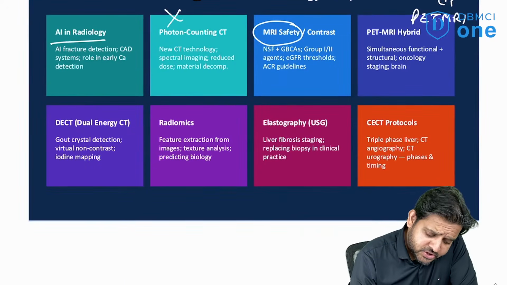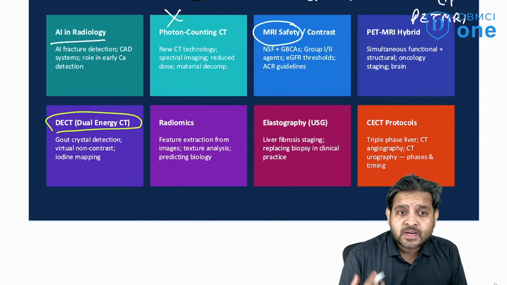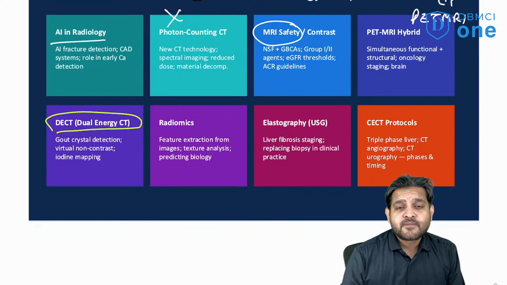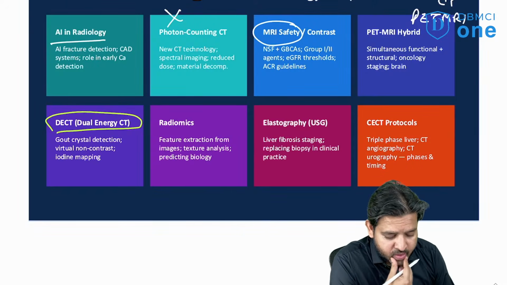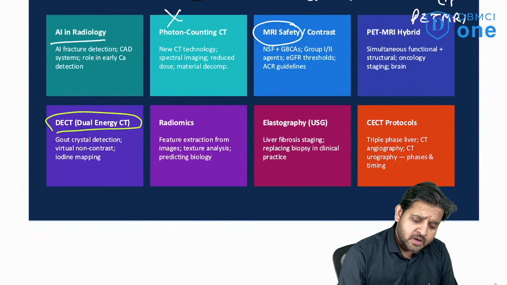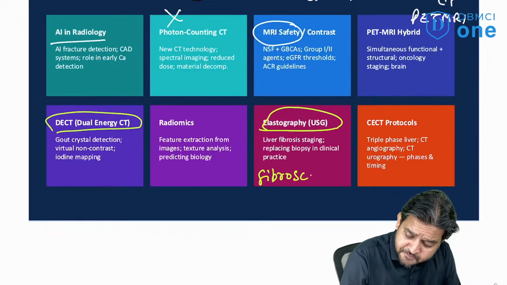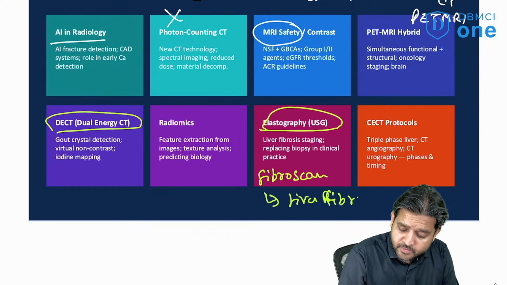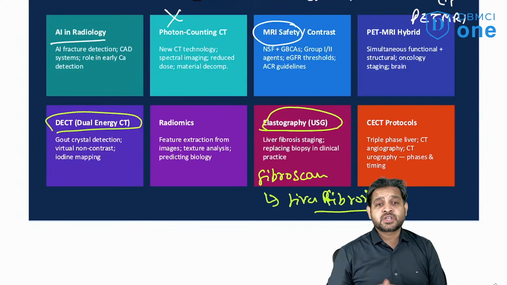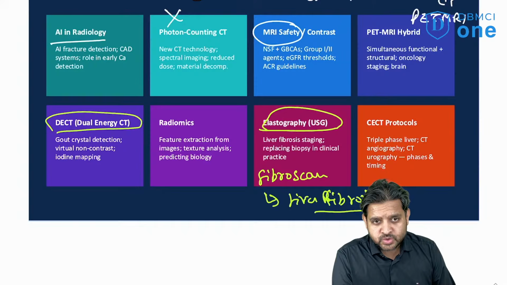Now there is a lot of discussion on the dual energy CT nowadays, where instead of one X-ray tube, nowadays we are using two X-ray tube for renal stone characterization, right? Elastography or a fibroscan has come up as a very good investigation for assessment of liver fibrosis, a non-invasive technique, right?